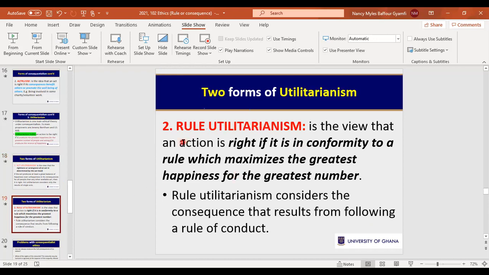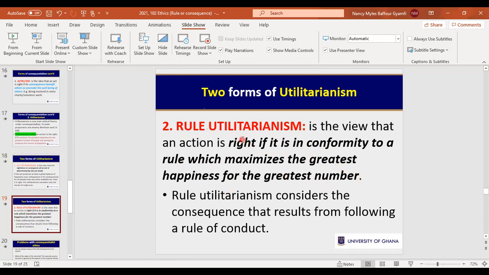Two forms of utilitarianism continue. The second one is what? Rule utilitarianism. That is the view that an action is right if it is in conformity to a rule. It is the rule which maximizes the greatest happiness for the greatest number.